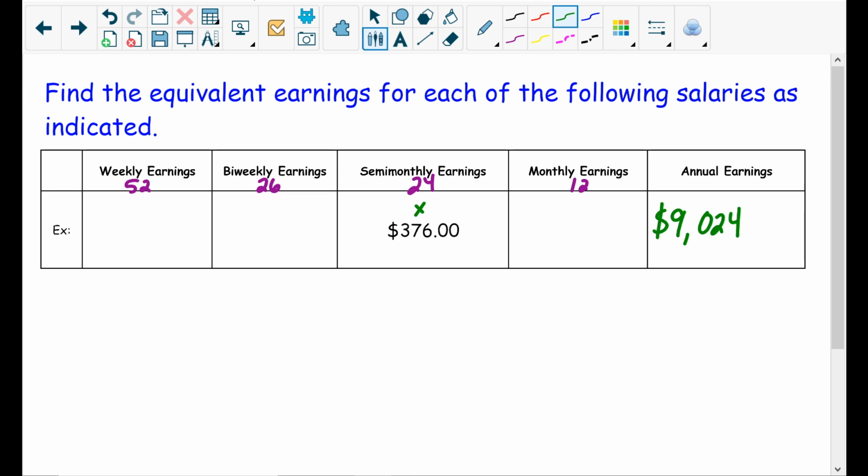Good? So now let's take the 9,024 divided by 52. I got a whole bunch of numbers. 173.